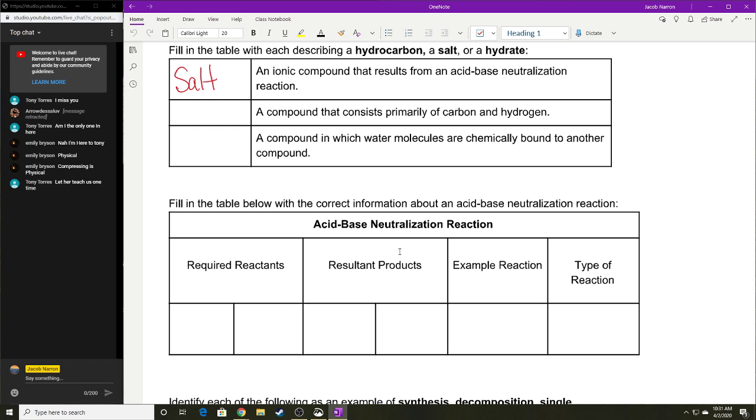The second one, a compound that consists primarily of carbon and hydrogen, should make some kind of sense, given the words there. It is a hydrocarbon. That's going to be from your combustion reactions. And the last one, by process of elimination, has to be a hydrate.